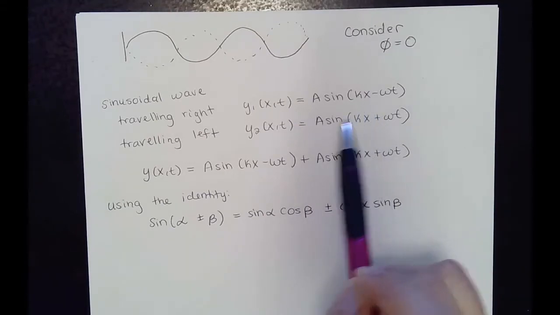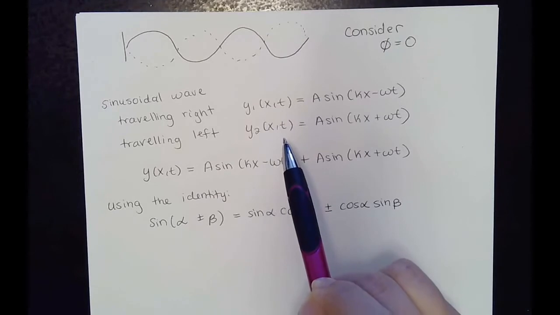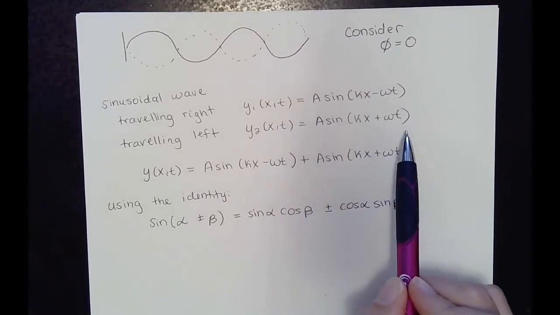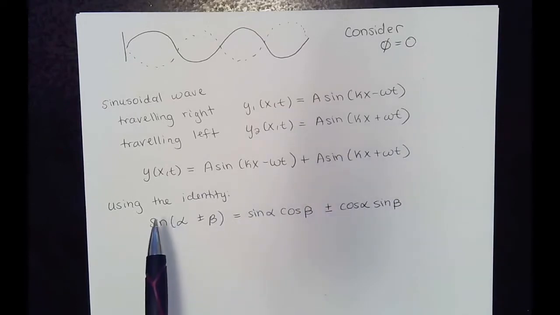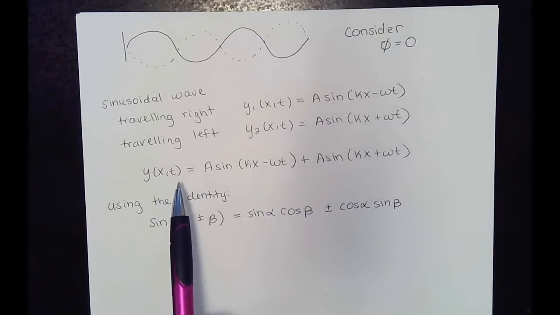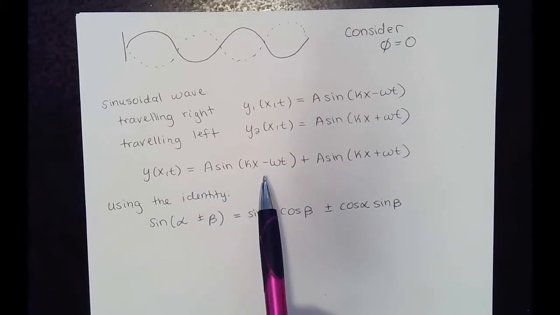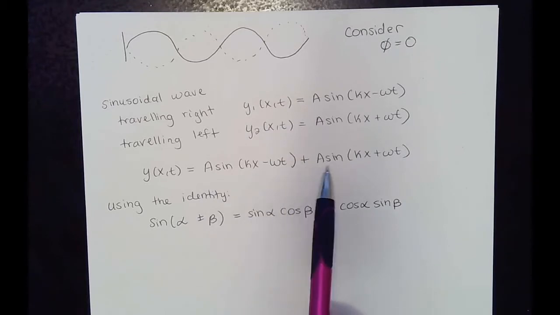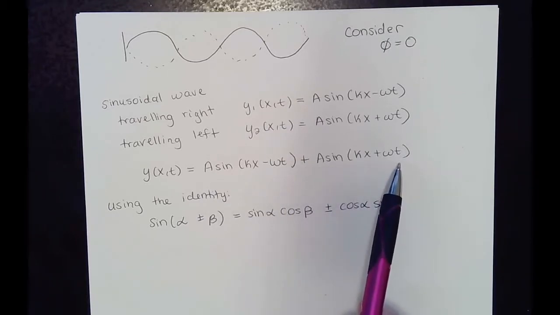And traveling to the left will be y2 at x and t equals a sine kx plus omega t. The principle of superposition says that the resulting wave function will be the sum of these two individual wave functions: a sine kx minus omega t plus a sine kx plus omega t.